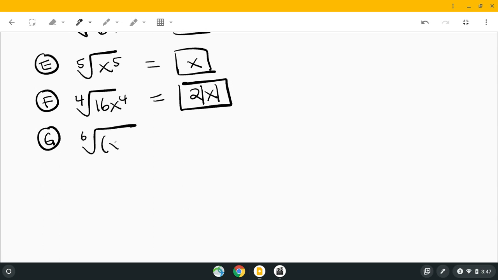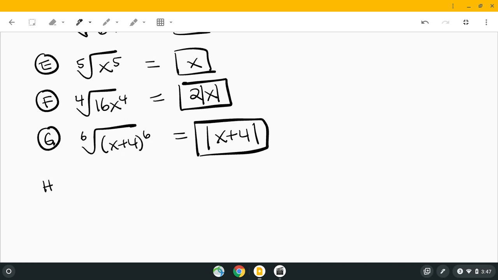Sixth root, x plus 4 to the sixth. Okay. So we end up with x plus 4. Do we need absolute value? Yes. Because again, this is an even root. If you're taking the even root and you have variables, then you need the absolute value.